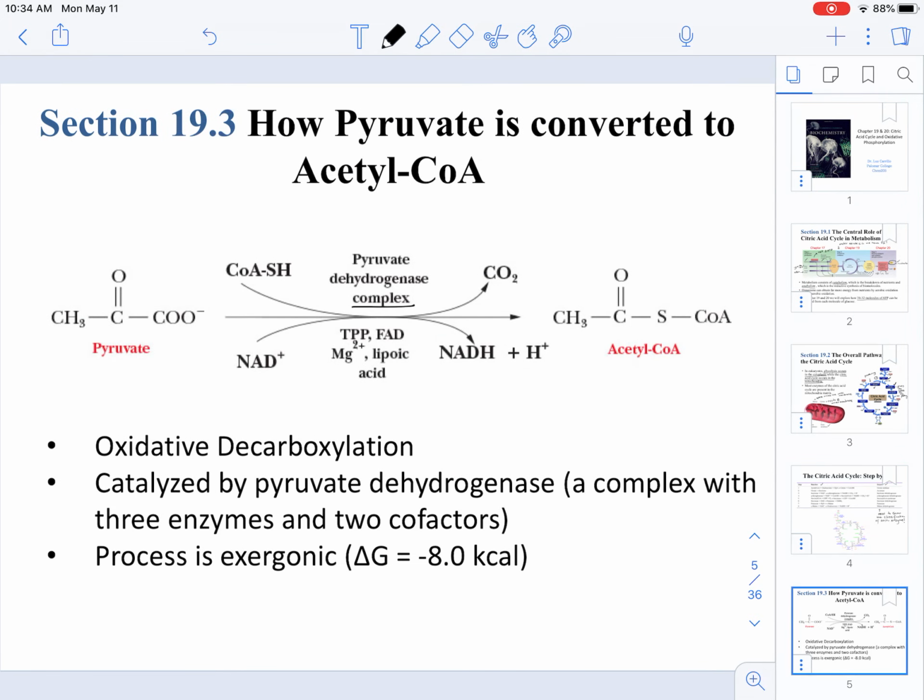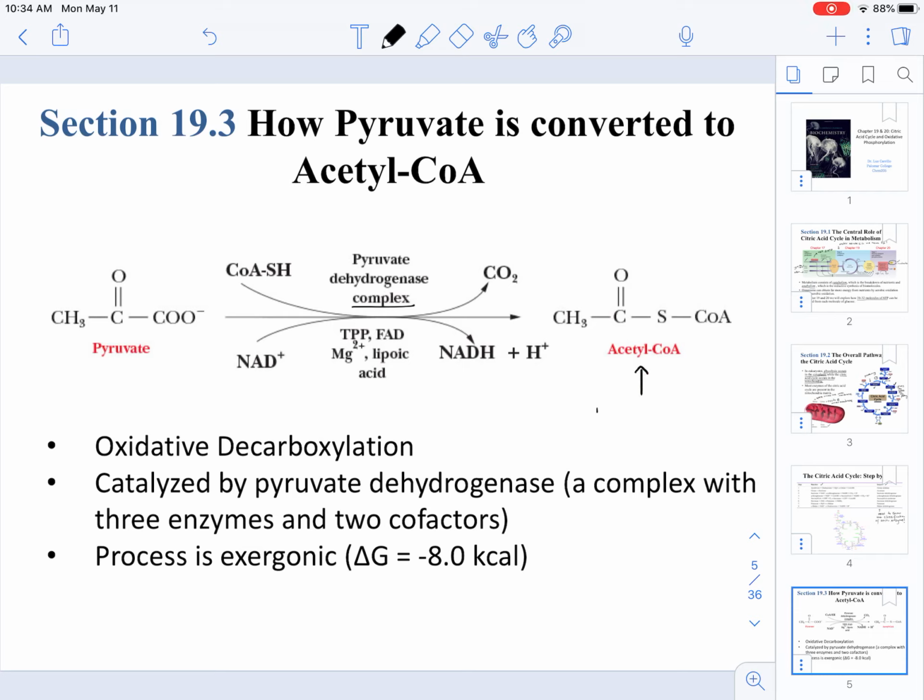So before we talk about the 8 steps, the pyruvate molecule needs to be prepared to enter the cycle. Understand that there is a preparatory step, which means that pyruvate is going to be converted into acetyl-CoA.